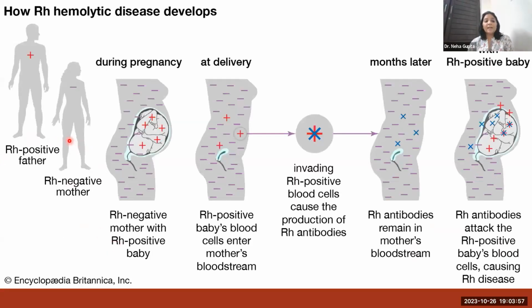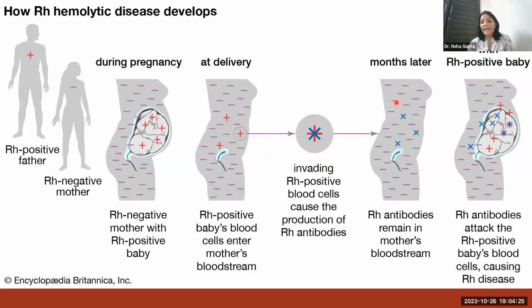So the mother is Rh negative and the father is Rh positive. So there is a 60 to 70% chance that the baby in the womb would be Rh positive. Usually at the time of delivery, when the fetal blood enters the maternal circulation, and if no anti-D is given, these positive RBCs are presented to the maternal immune system, against which the mother's body develops antibodies.